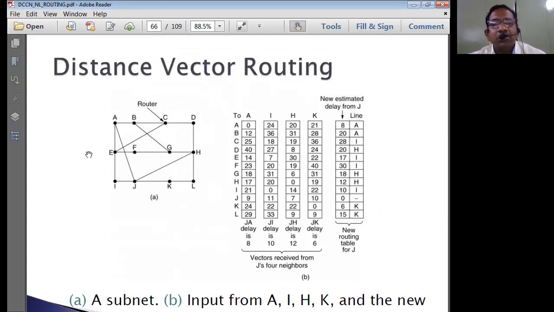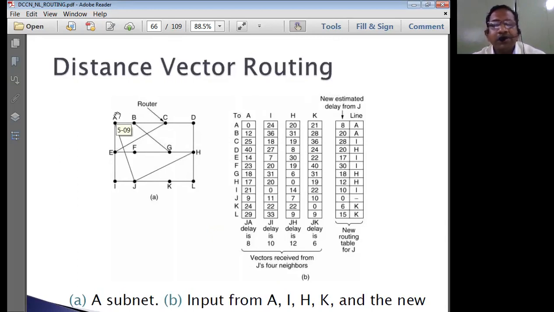When all the routers are functioning perfectly, there is no count to infinity problem. But in real time, what happens? Some router may get shut down because of some problems. Shutdown means totally not functioning.